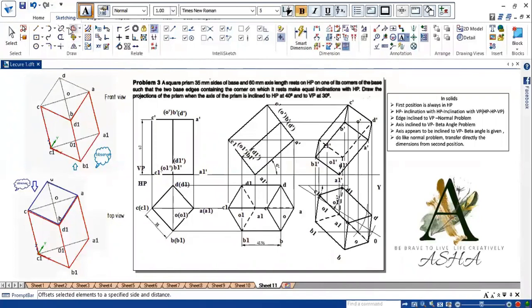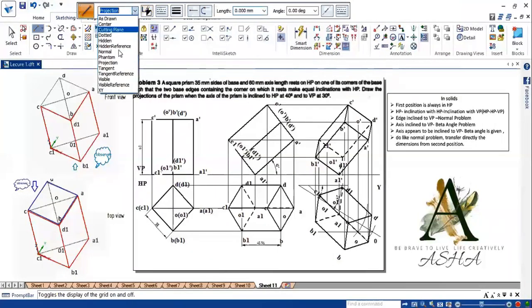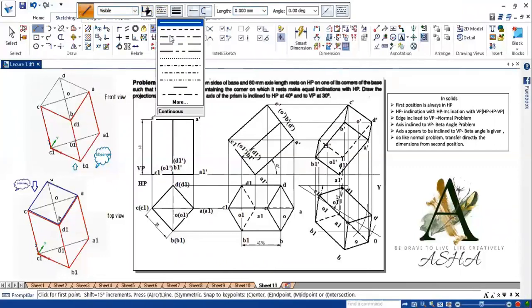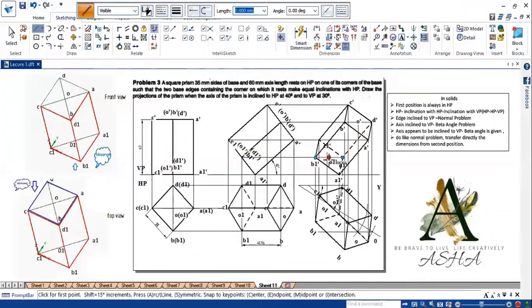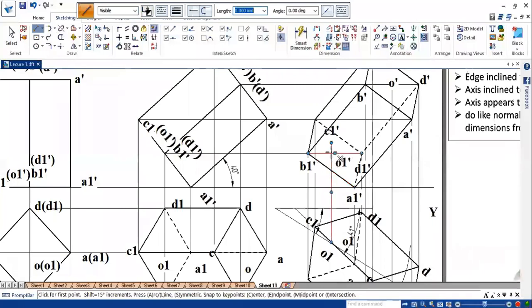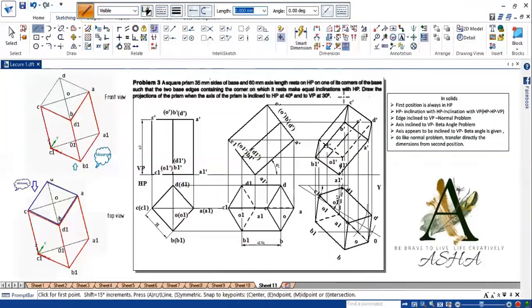Okay, connect these lines through axis line. So connect from O1 to O axis line. Okay, so this is the final solution for the given problem.